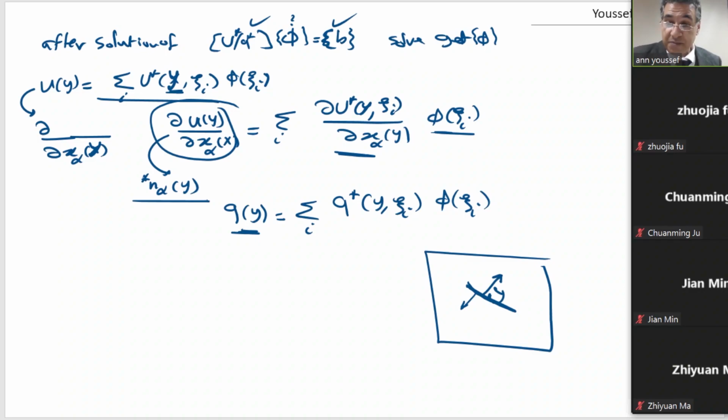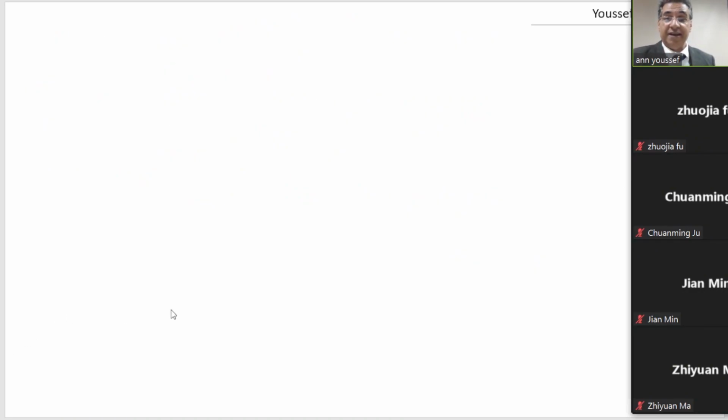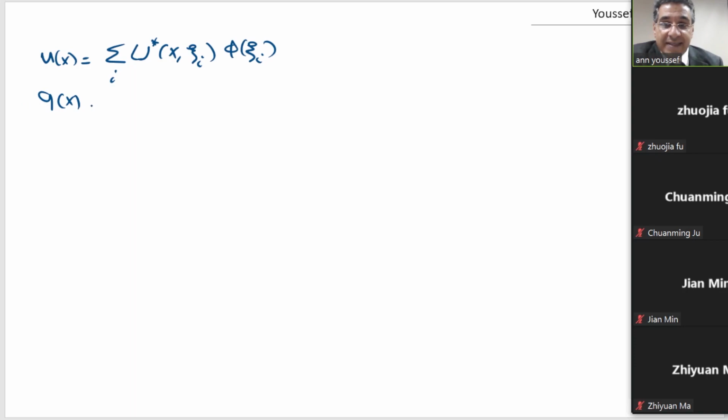Last point before we take a rest. When we have u of x equal to sigma over I u asterisk of x and xi I, phi of xi I, and q of x equal sigma over I q asterisk of x and xi I, phi of xi I, these are the discrete sources, the discrete method of fundamental solution.